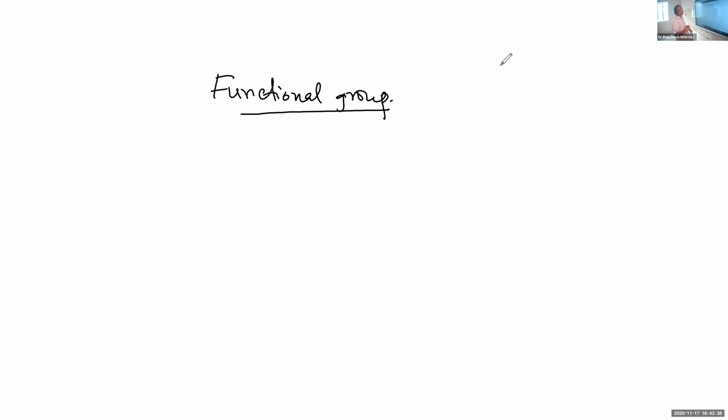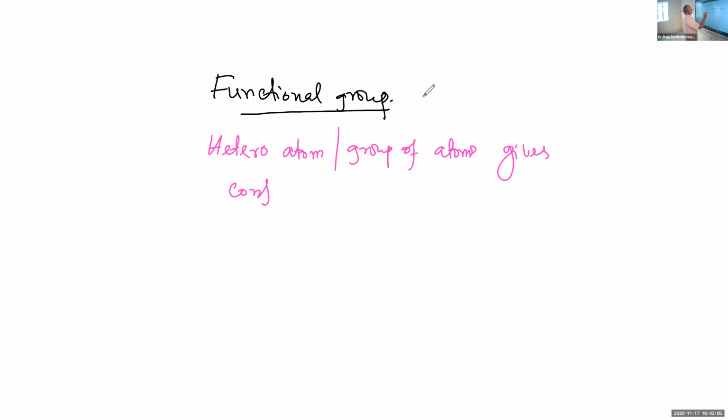A functional group is the heteroatom or group of atoms which confers specific properties to a compound or a group of compounds. That is called the functional group.